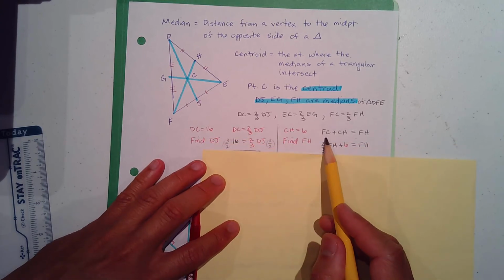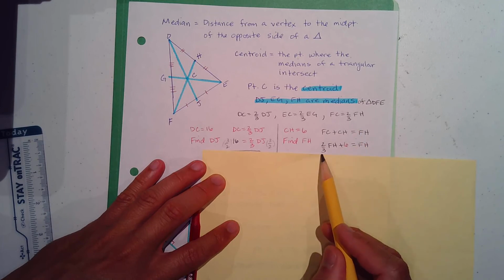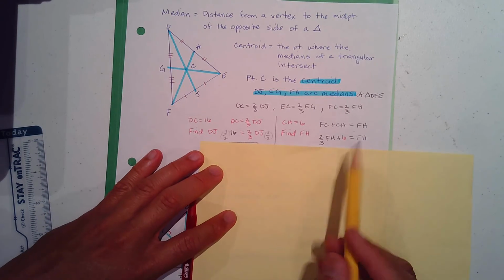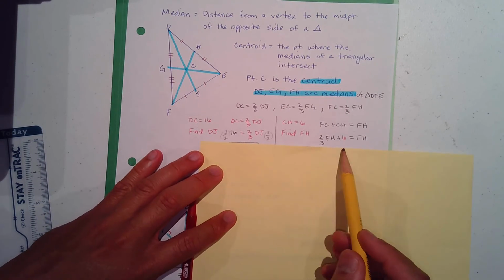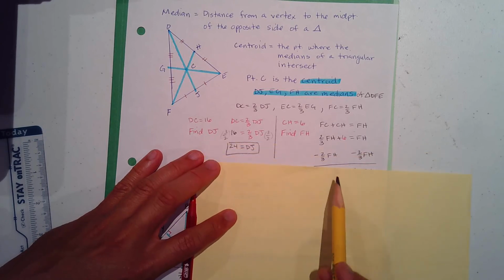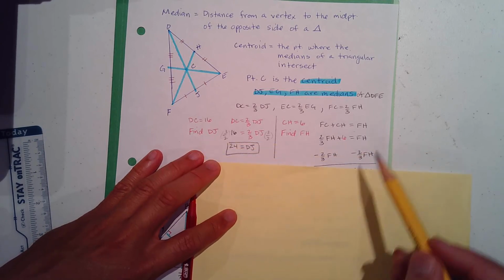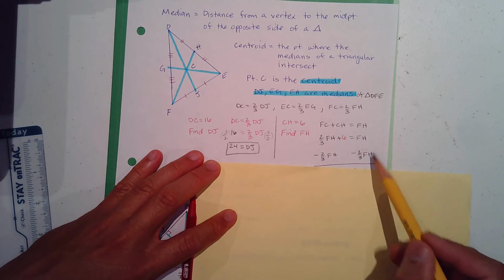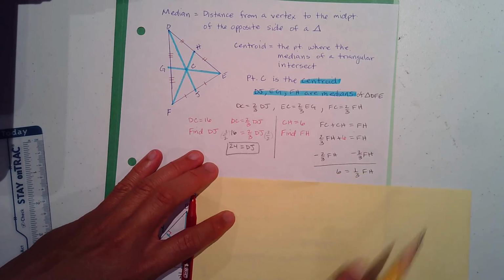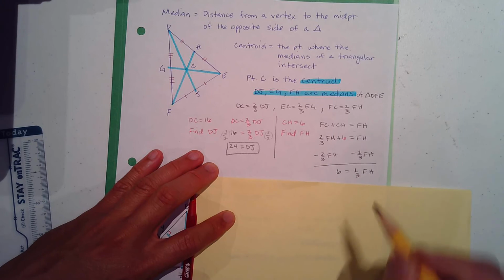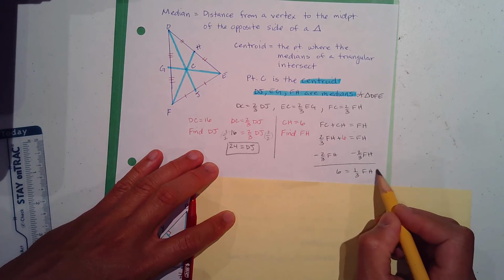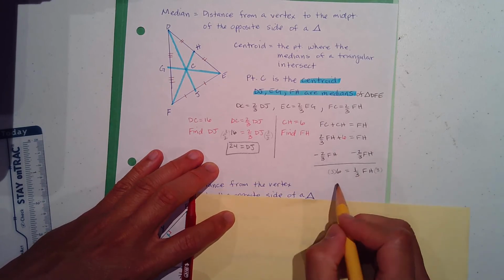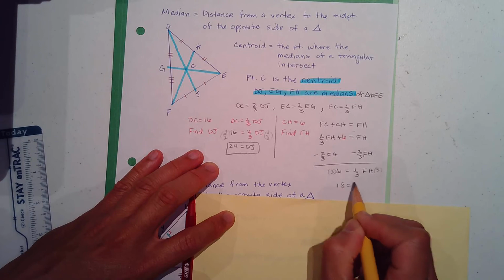We know FC is equal to 2/3 FH. We know CH is 6, and FH we leave alone. So to find FH, let's combine all the FH's together. I'm going to subtract 2/3 FH on both sides. Think of this as 1 whole FH minus 2/3 FH. 1 minus 2/3 is 1/3 FH equals 6. Again, to isolate FH, multiply by 3 on both sides. We know 18 is equal to FH.